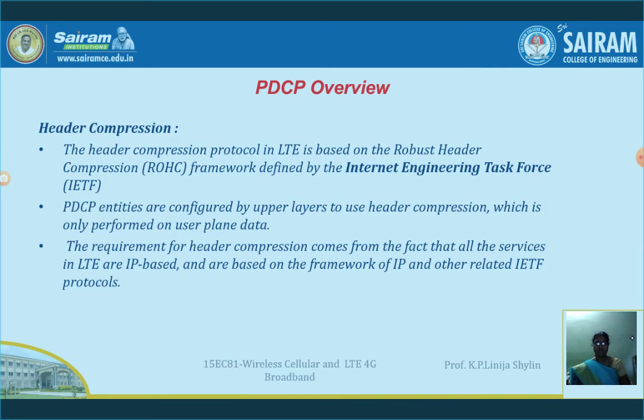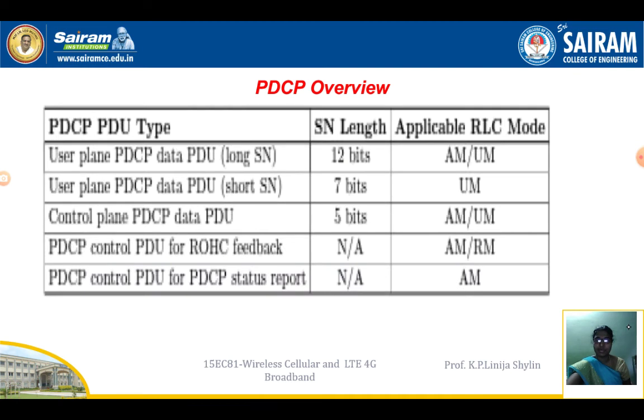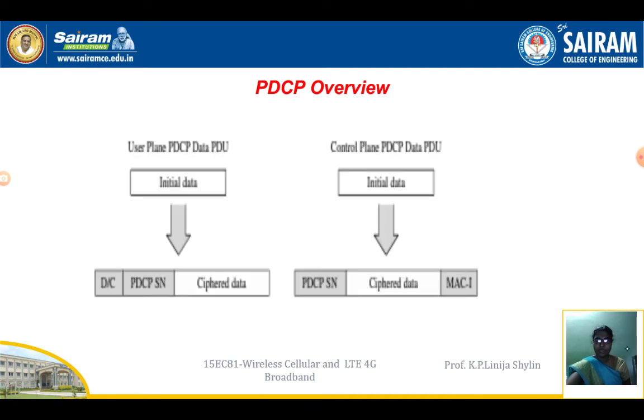In the diagram, see here, there is one MAC I field in the control plane. This MAC I field length is 32 bits, which is used for integrity protection. We are discussing that integrity protection is there, ciphering and deciphering is there. So now it is ciphered data, and at the end there is a MAC I field with a length of 32 bits, which is used for integrity protection.